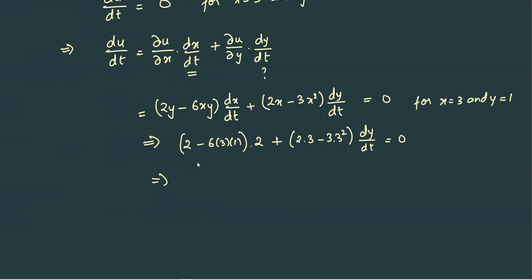So we get here 6 3 is 18, 18 minus 2 is minus 16. Minus 16 into 2 is minus 32. And this is 6 minus 27, minus 21 dy by dt is equal to 0. So we get dy by dt must be minus 32 by 21 centimeter per second.